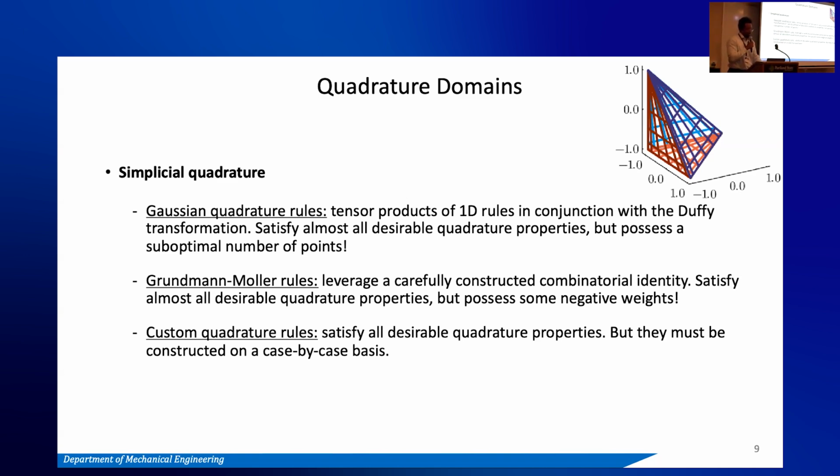There are rules like the Grundmann-Moeller rules, which are based on combinatorial identities. Very clever bit of math, but does not work very well, as we will discuss later in this presentation. And then custom quadrature rules, where, again, you just solve an optimization problem and try to find the best possible rule with the minimal number of points. Okay.